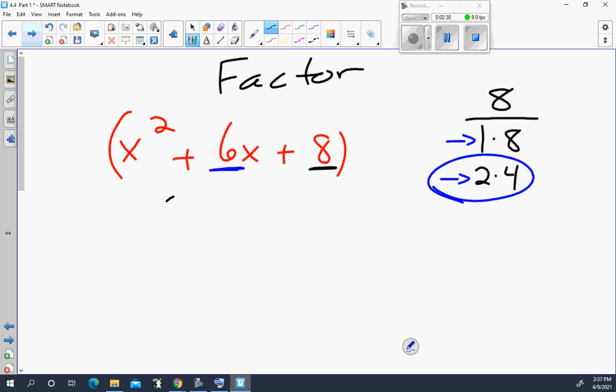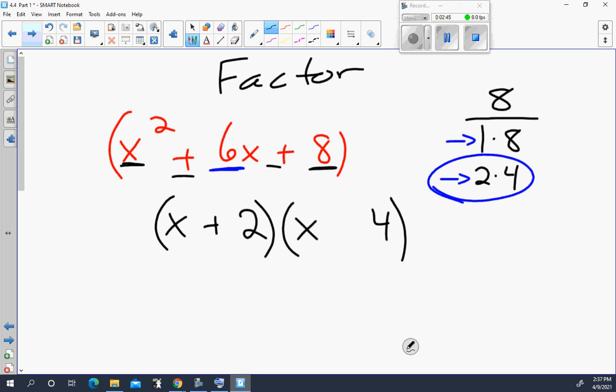When we write our answer, we have an x squared right here, so we write x in our first part, and then we have a 2 and a 4. And it's all addition, so we're just going to write plus 2 plus 4. There we go. We factored out that polynomial.